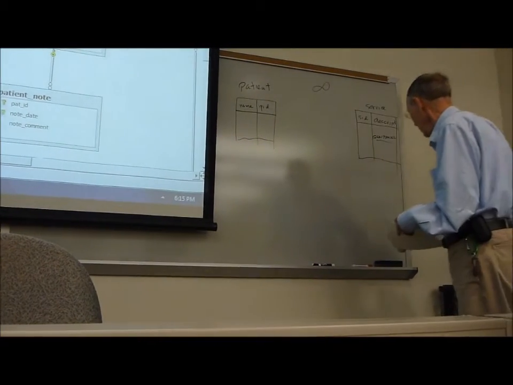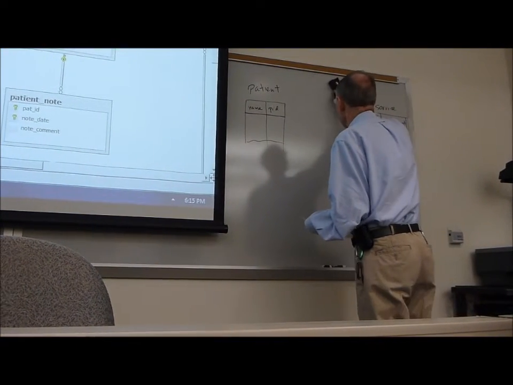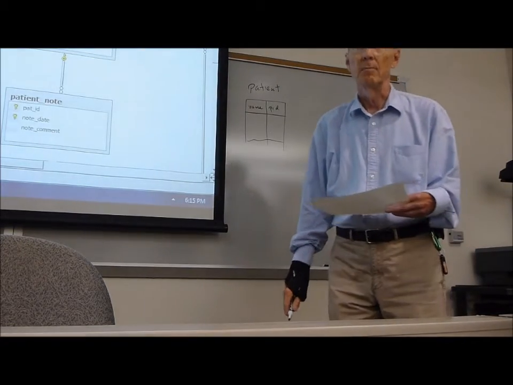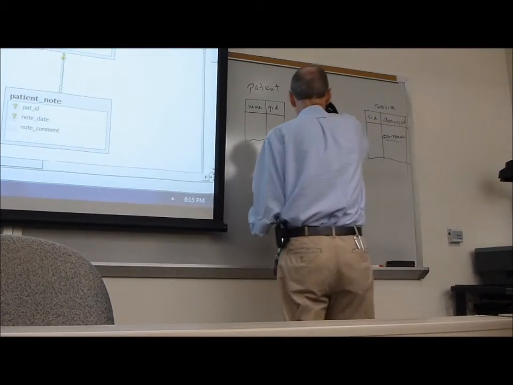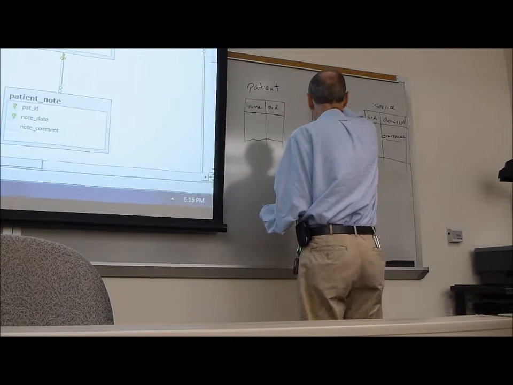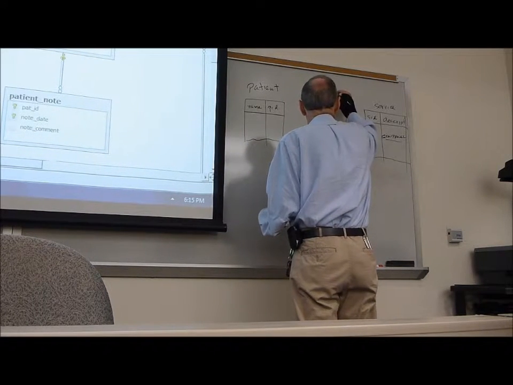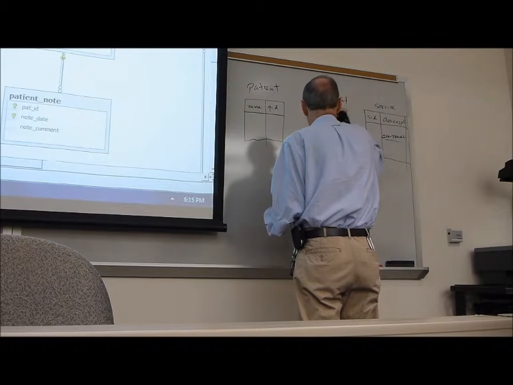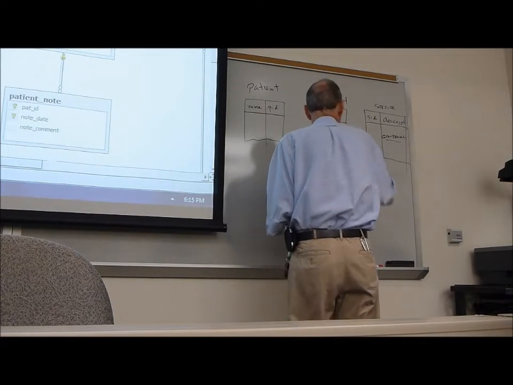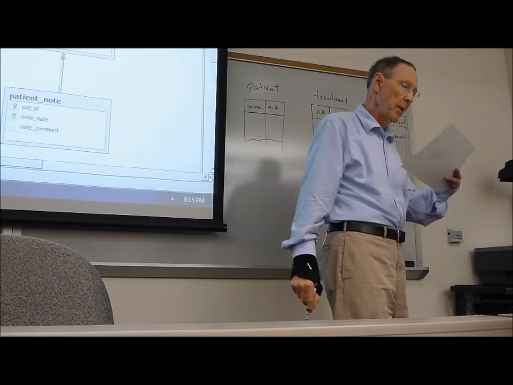I'm going to use the crow's foot as my notation. So I'm going to put the link table in here, and the link table is the treatment. And that's because a given patient can be having many treatments or many services.